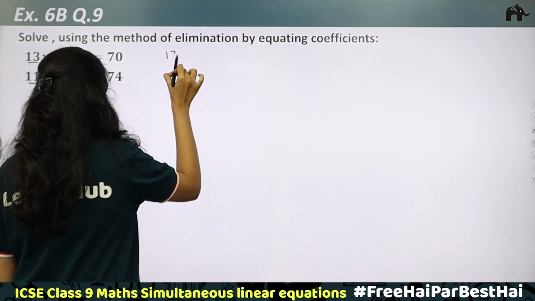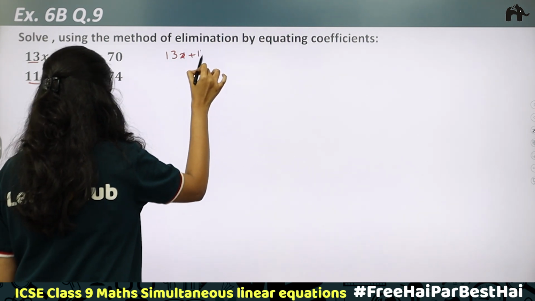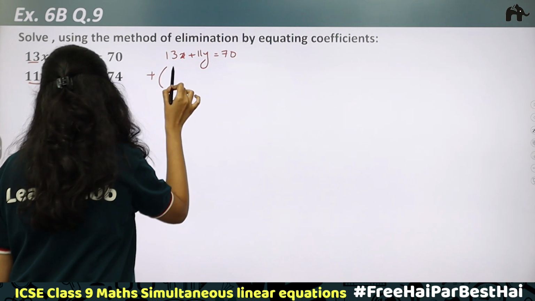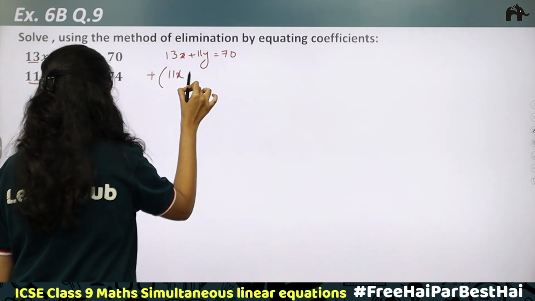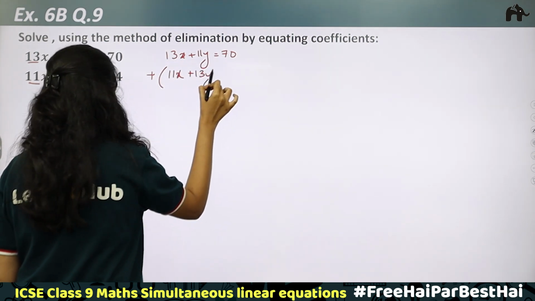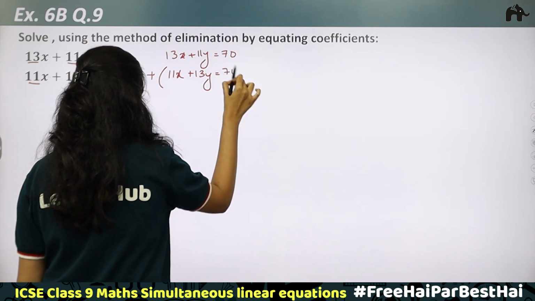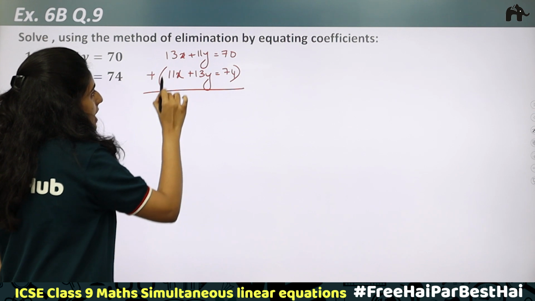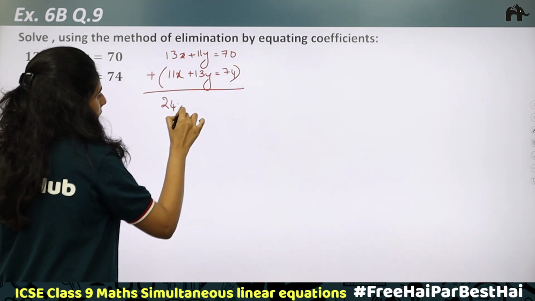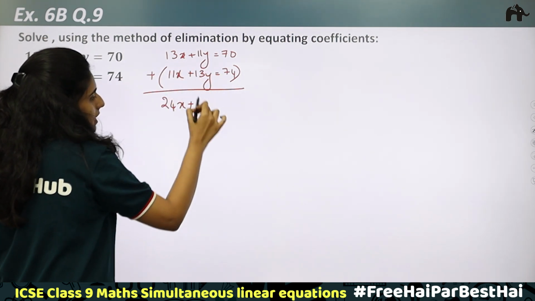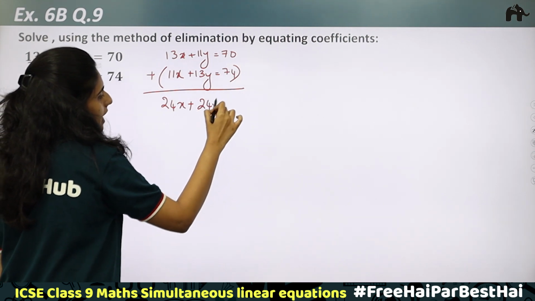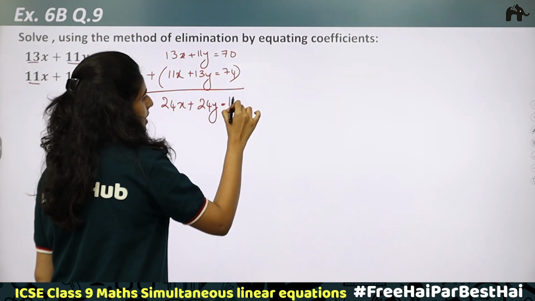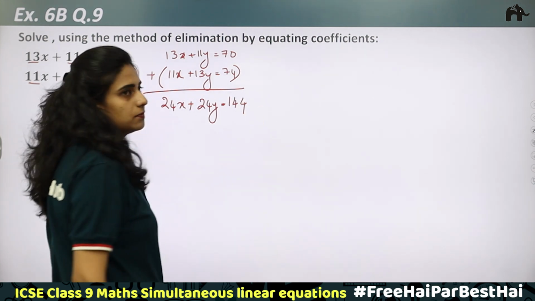So first, 13x plus 11y is equal to 70 plus 11x plus 13y is equal to 74. On adding, what do we get? 13x plus 11x, which is 24x, plus 11 plus 13, again 24y, is equal to 70 plus 74, which is 144.